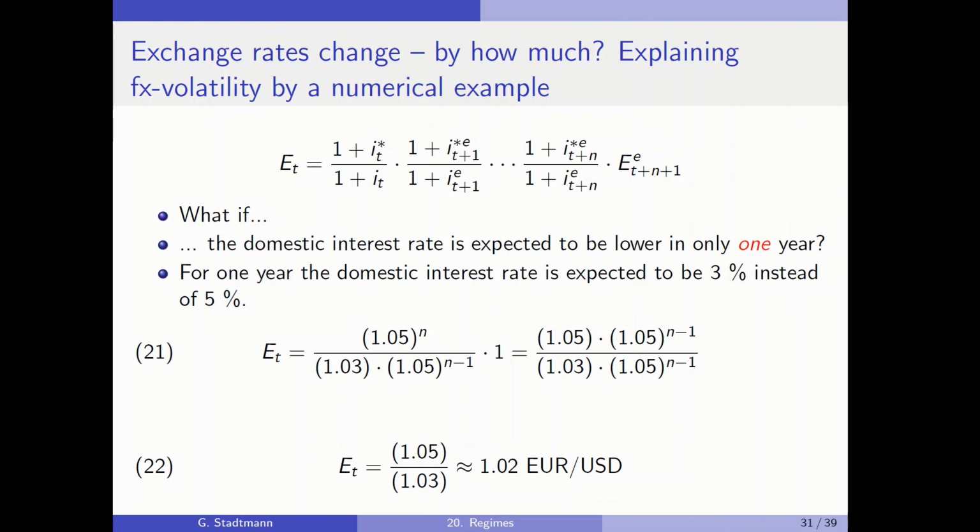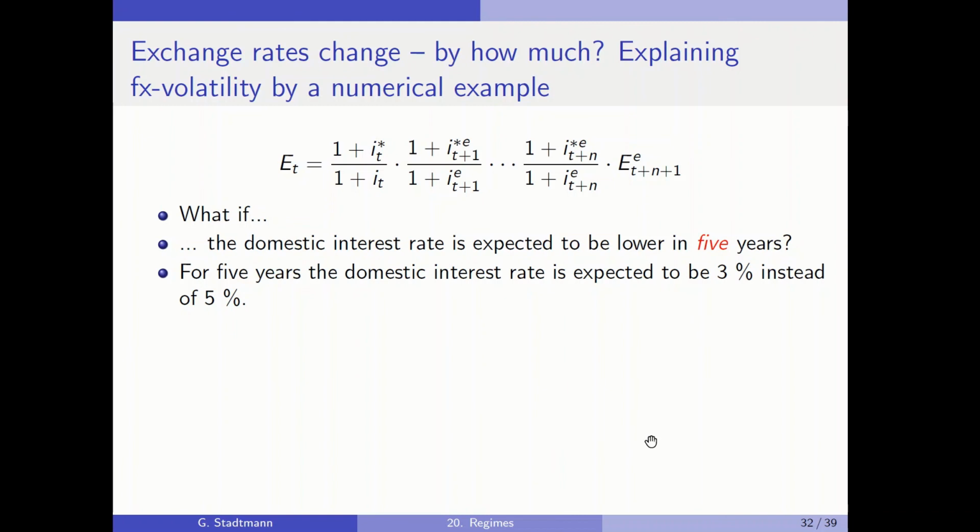Let's give a second example. Let's assume that the domestic interest rate is expected to be lower in 5 years. So for 5 years, the domestic interest rate is expected to be 3% instead of 5%. How does that affect the nominal exchange rate? Once more, we have to come up with this relationship. The foreign interest rate has not changed, but the domestic interest rate is only equal to 5% in n minus 5 years, and in 5 years, the interest rate is at 3%.